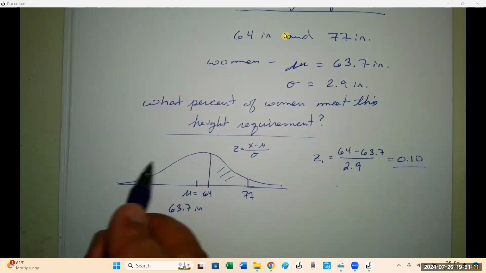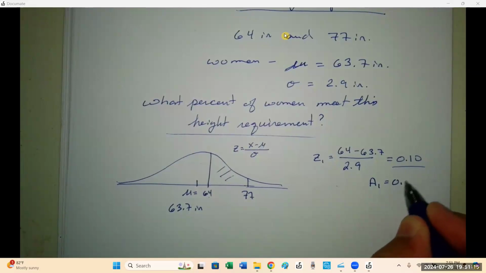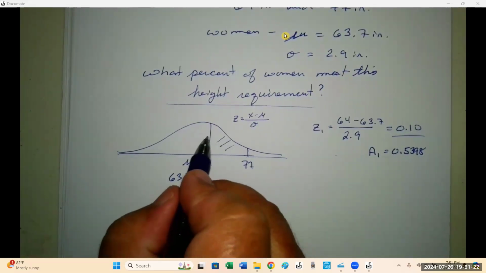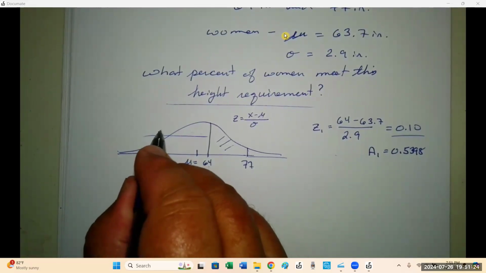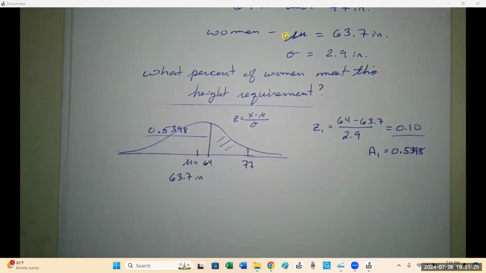So the area of that part is 0.5398 from our chart. So that's this first part, 0.5398.